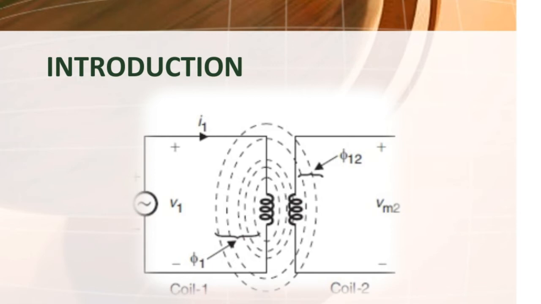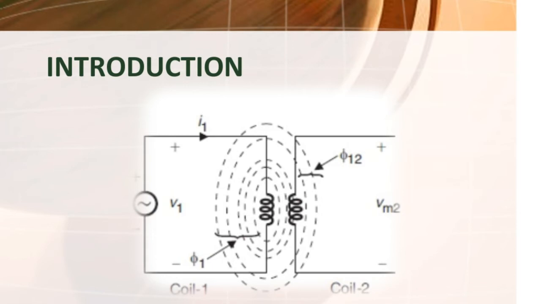If we consider two or more coils which are magnetically connected, that is, if the flux produced by coil 1 links coil 2 of the circuit, then an EMF is induced in coil 2 due to the change in the flux in coil 1. This is called mutually induced EMF.